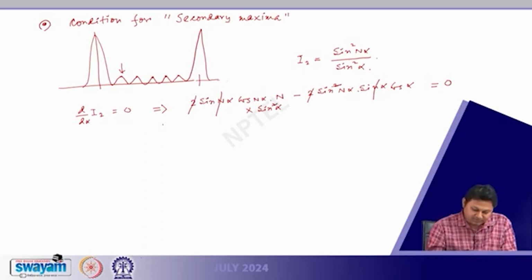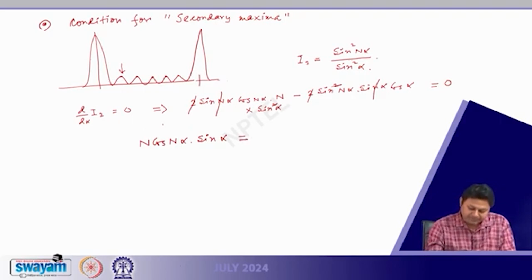So essentially we have n multiplied by cos n alpha multiplied by sin alpha equal to sin n alpha into cos alpha.